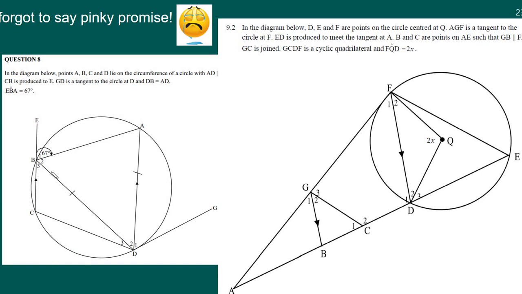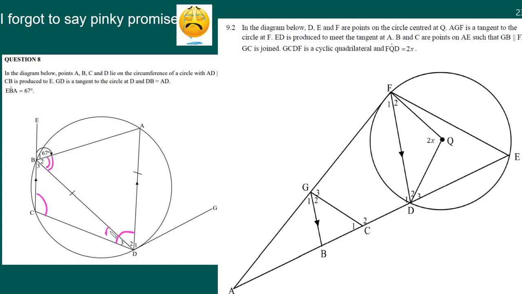Give me a pair here on the first one. ATC plus ECD. I say ADC plus ECD is 180, co-interior. Yes, sir. Then B2 is equal to D3, alternating.